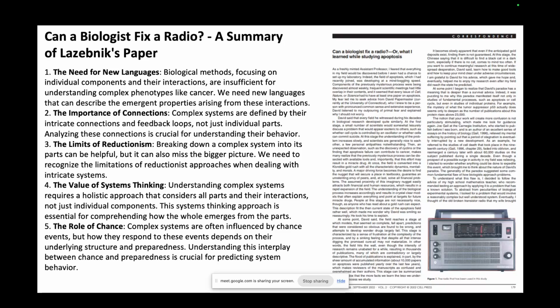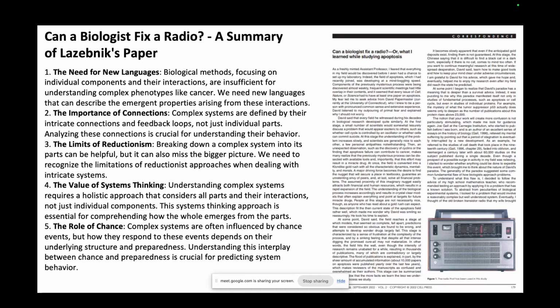It's not as simple as that. Nothing inside a cell or inside a living system is a single entity. It's a whole system that is dependent upon each of its components. So you perturb one component, and a lot of other components get perturbed as well.